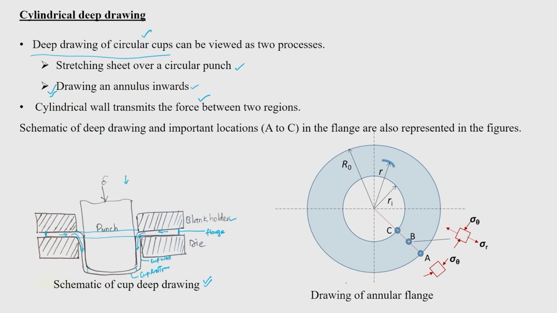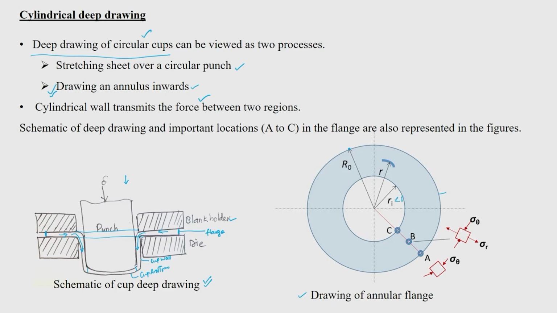that is what is given in the right side diagram, a drawing of an annular flange. You will see that this is your outer radius, that is R naught. This is O, this is R naught. R naught is basically the initial radius of the sheet. And Ri is basically the inner radius, which is equivalent to the punch radius.